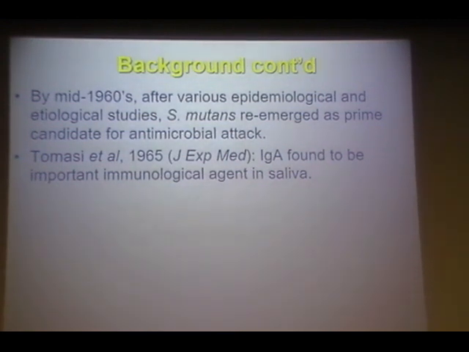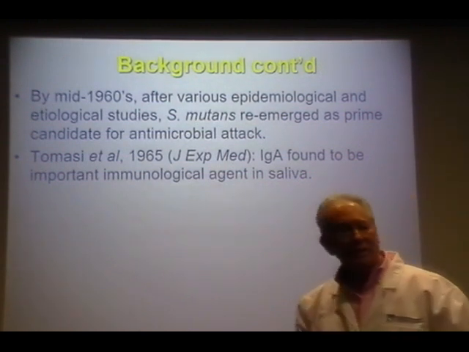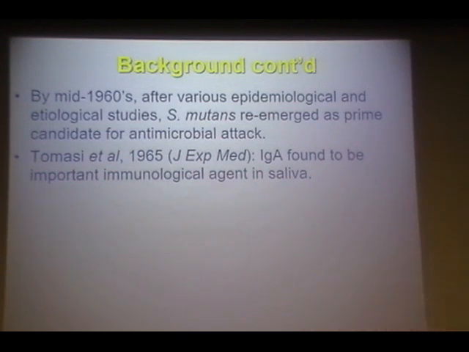So the verdict still isn't in as to whether this organism is exclusive in doing that sort of stuff. There's another organism called Strep sobrinus that we're going to talk about that makes up maybe 15 to 20% of the etiology of caries. So my belief is that this is not the only organism. My belief is that this organism plays a major role, but clearly is not the only organism.